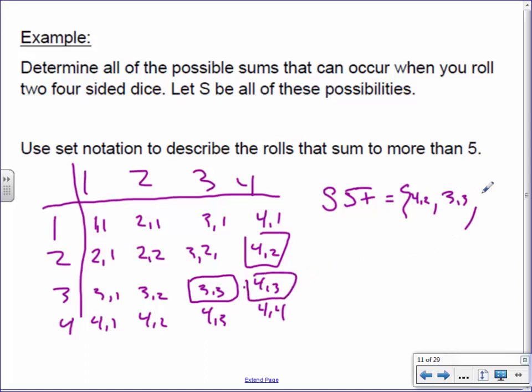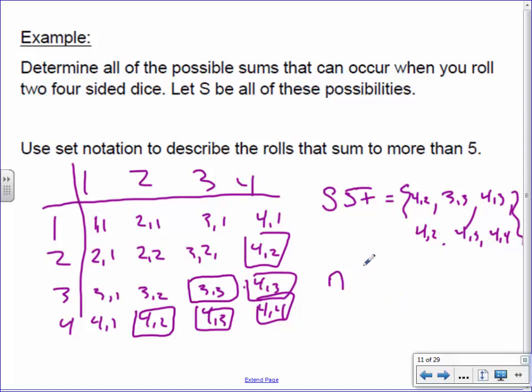The 4 and the 3 will do it. This 4 and 2 will do it, so that's like the other 4 and 2. Then the other 4 and 3 will do it. And then the 4 and 4. Again, if I asked you the number of rolls that sum to 5 or more, then you would say there are 6 of them that do that.